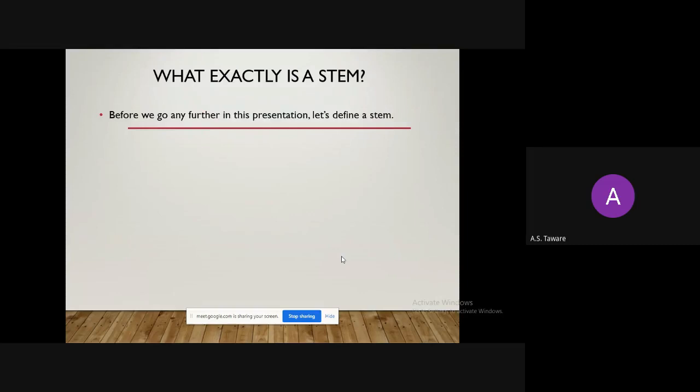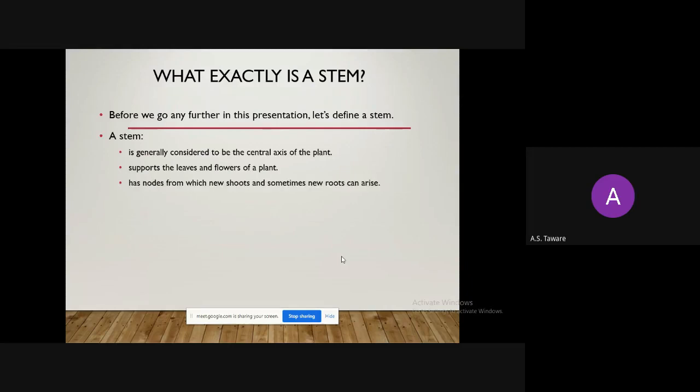Stem is generally considered the central axis of the plant, supports leaves and flowers of a plant. Stem has nodes from which new shoots and sometimes new roots can arise. It's usually found above ground but can be modified and found below ground as well.